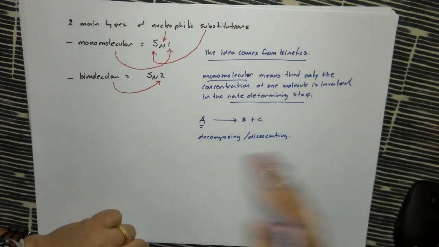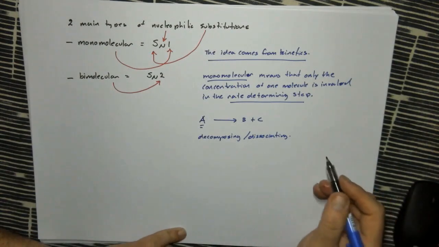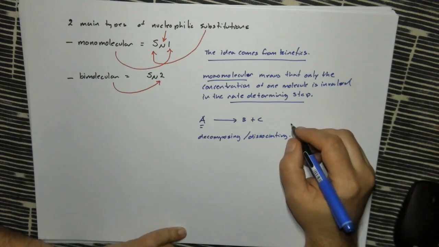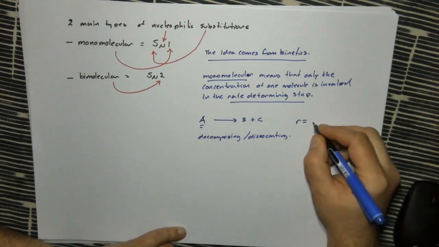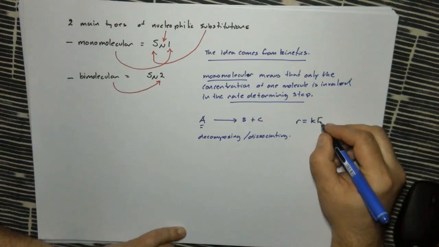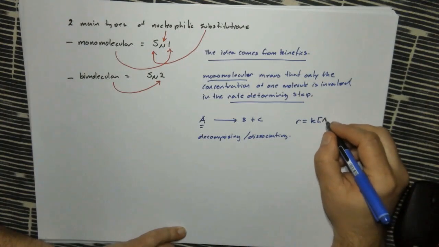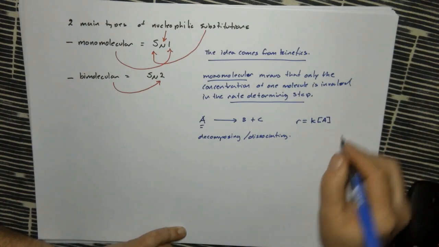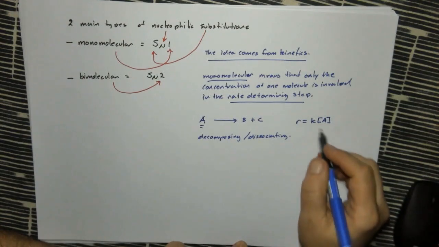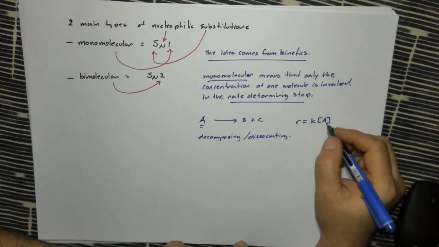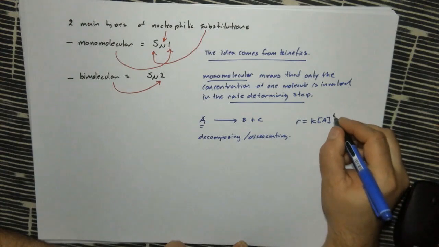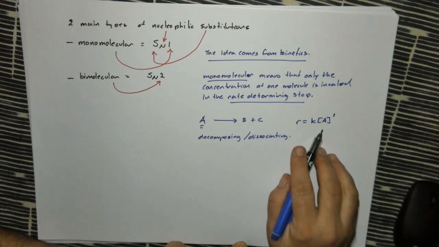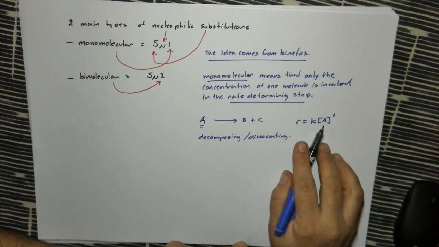It's falling apart somehow. And if it's falling apart, then you can write a rate law for this, a mathematical expression of the instantaneous change in rate because of the concentration, in terms of only one molecule's concentration.